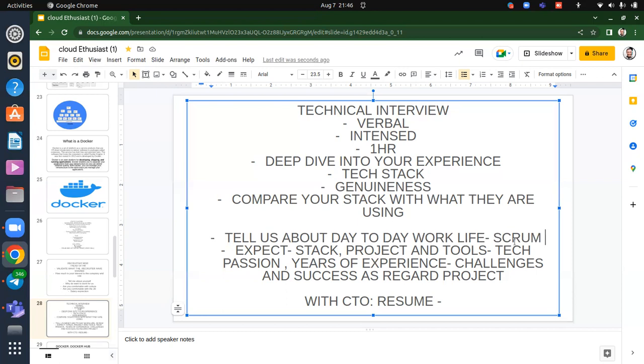They want to know how passionate you are concerning what you are doing. They want to know the number of years of experience you have, because the more years of experience you have, the more mistakes you have made, and the more solution library you have. They also want to know whether you really know the function of the work you are joining them to do and the reason for it, and the success as regards your project.